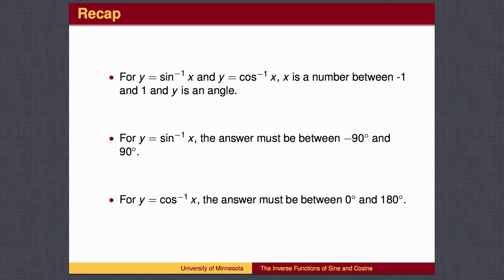The outputs are angles. For inverse sine, the output should be on the right half of the unit circle, between -90 degrees and 90 degrees. For inverse cosine, the output should be on the top half of the unit circle, between 0 degrees and 180 degrees.